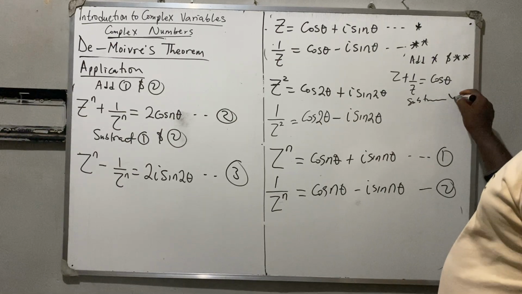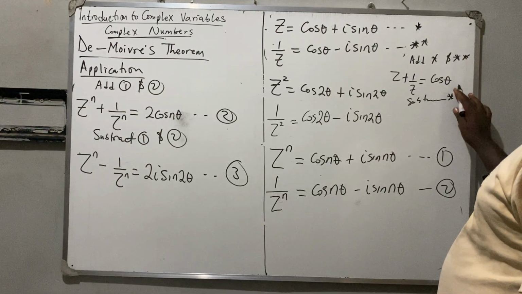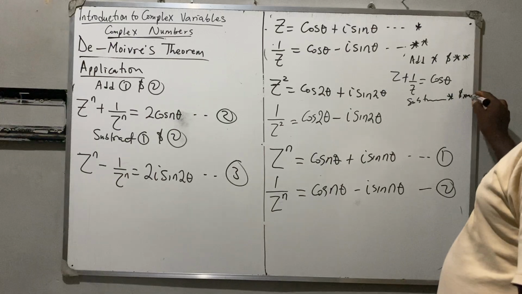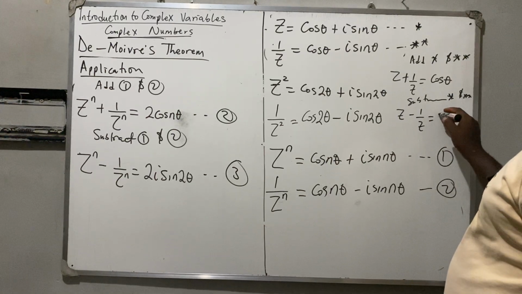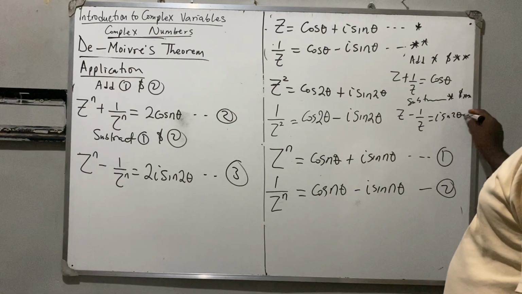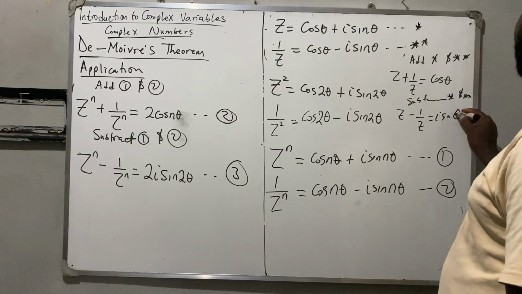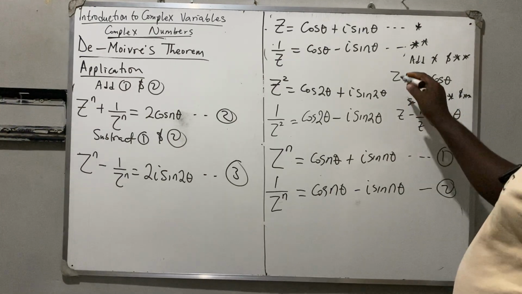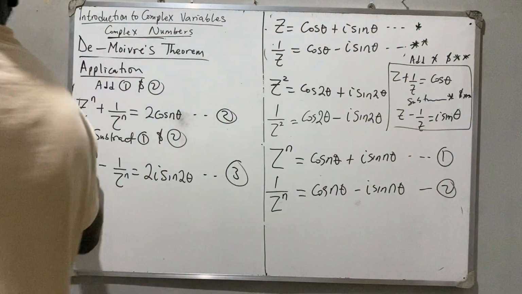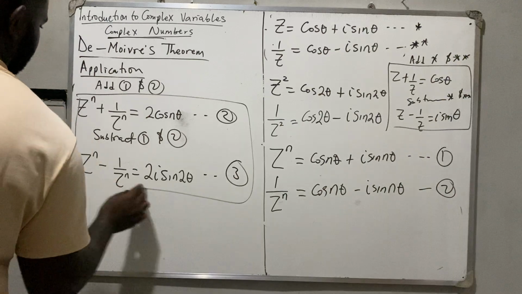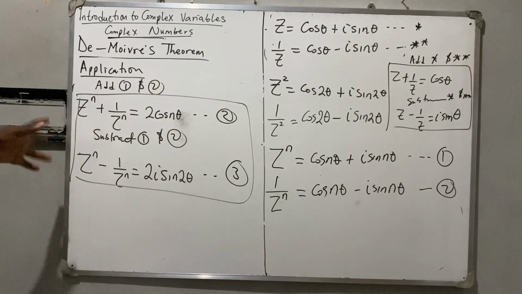If you subtract star from star star, you will see that Z minus 1 over Z will give you 2I sine theta. So take note of these two, and take note of these two. It will help us in what we want to do.